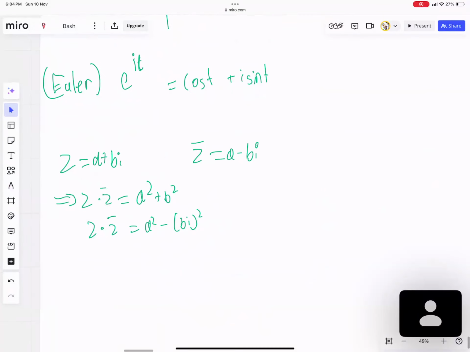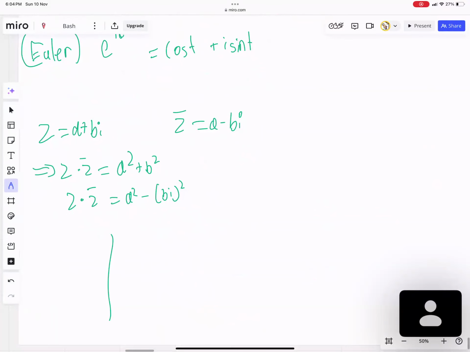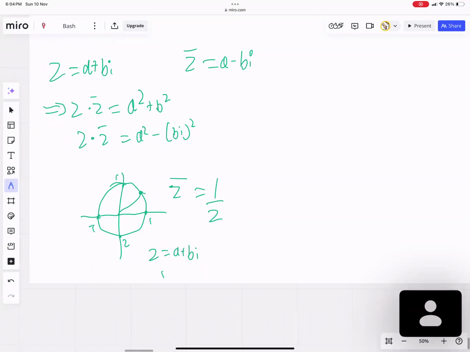So this gives us a very powerful property. We have this thing called the unit circle, a circle of radius 1 around the origin. Whenever z is a point on the unit circle, we have that z conjugate is equal to 1 over z. This is because if z equals a plus bi is on the unit circle, then the square root of a squared plus b squared is equal to 1, since the distance from the origin is 1.